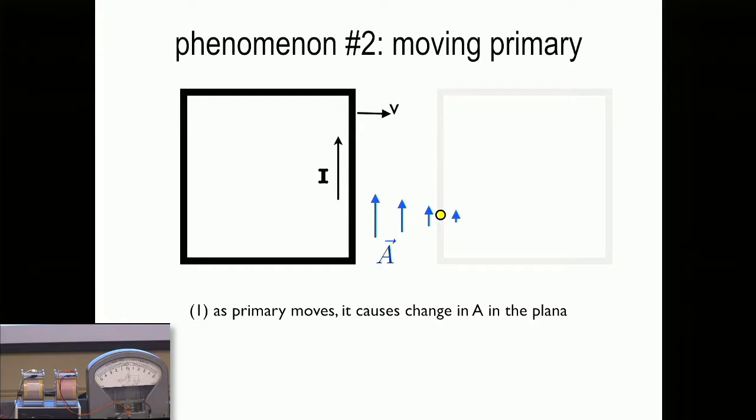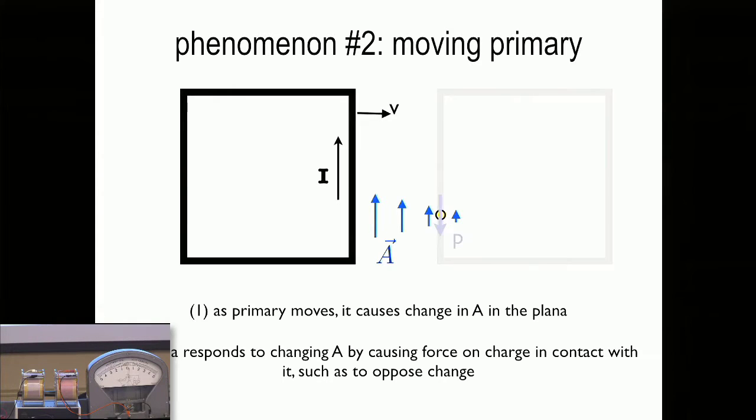Now when I push the primary towards the secondary, look at what happens to the A field at the secondary. For a charge sitting inside the secondary, the A field is increasing. That induces a current downward in the opposite direction. The increasing A field causes the charges in the wire to have an impetus in the opposite direction.